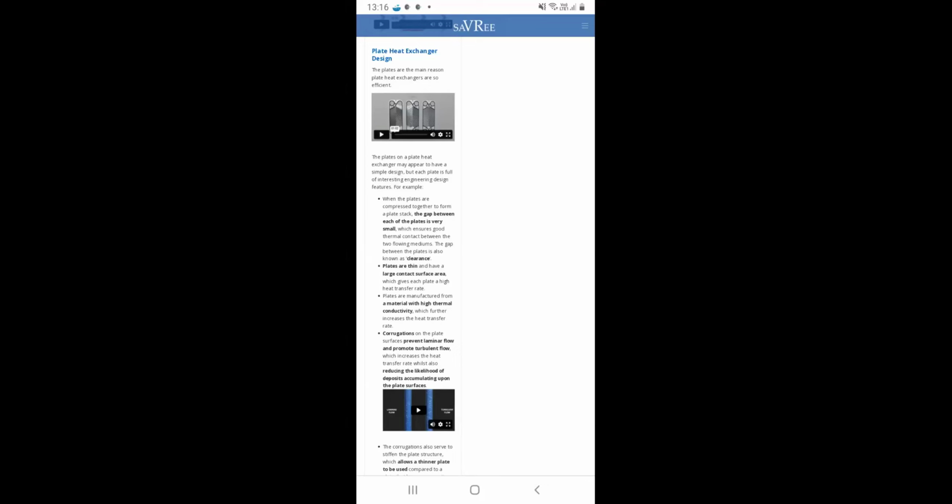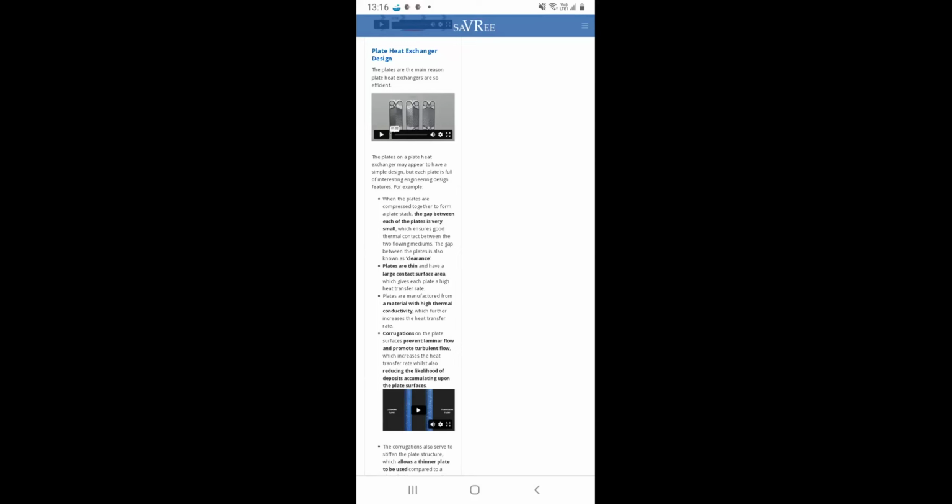Now this is the design aspect. The main reason the plates of a plate heat exchanger are so efficient: between a plate type heat exchanger and a shell and tube type heat exchanger, the most efficient is the plate type. Why?